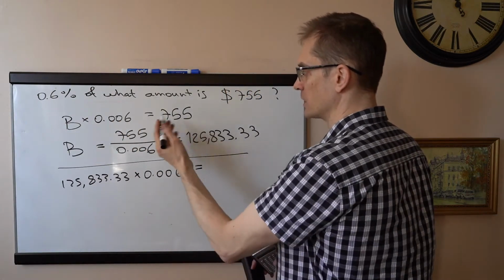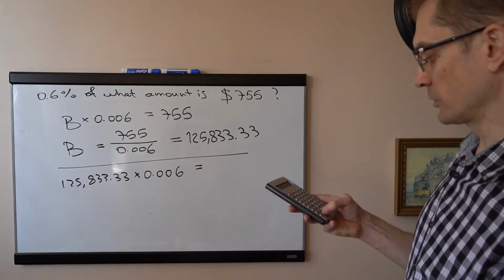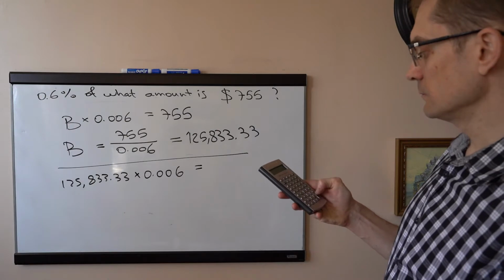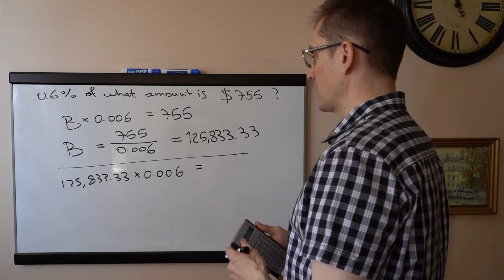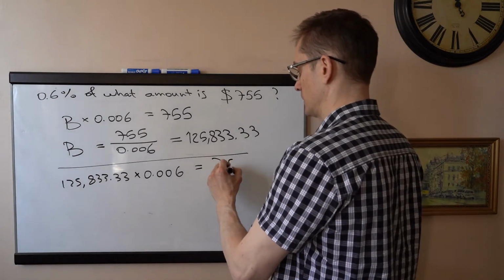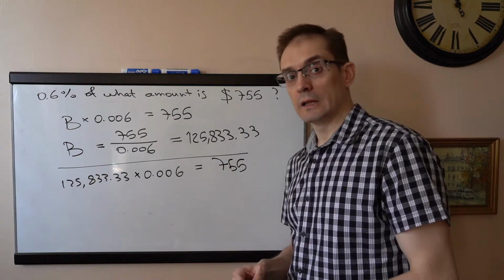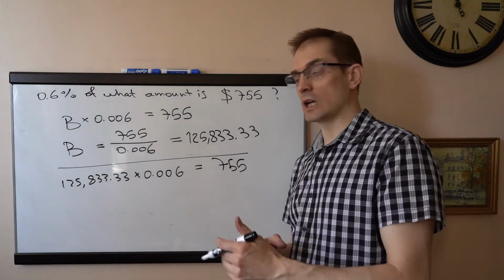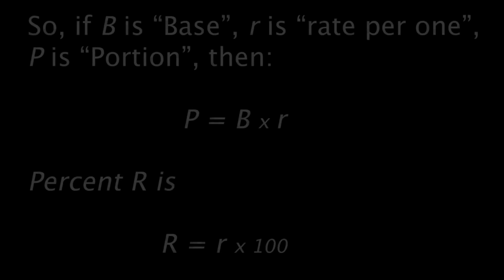And that should give you 755. You can always double check that. Right, 755 is the result. That's the way to go. Every time you solve a problem, it doesn't hurt to check, just going backwards in that solution to make sure that you're right.